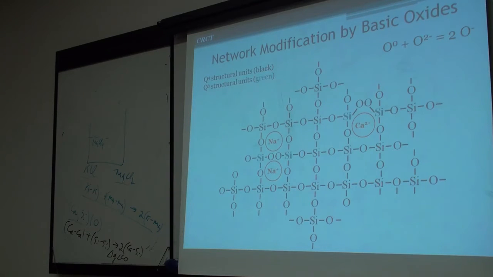So on the acid side, the quasi-chemical reaction here tries to mimic the network modifying reaction. On the basic side, it mimics the complex ion formation, the orthosilicate reaction.